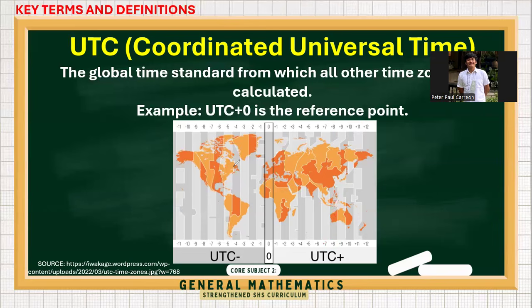If you are living in New York, for example, we follow a UTC which is -5. So this is where New York is. If you are in Japan, then you follow a UTC +9. Taiwan is also part of our UTC, and some parts of Australia are part of the UTC +8. So you just pinpoint on the map which UTC they belong to. And usually every country will follow the same UTC.